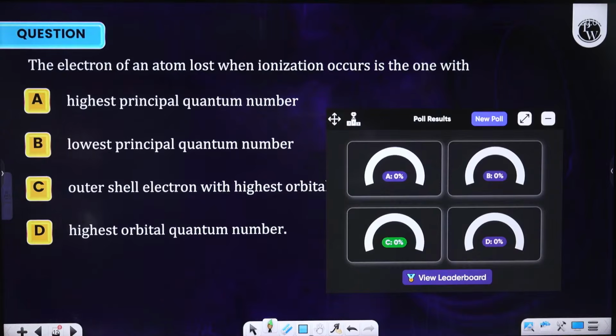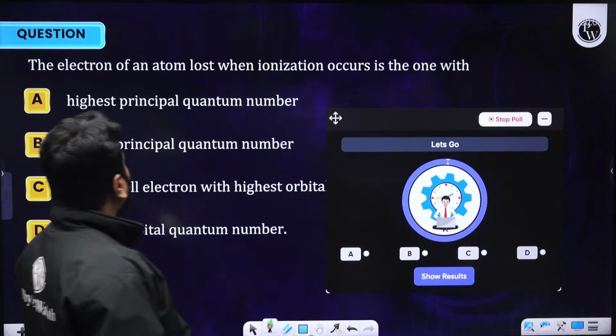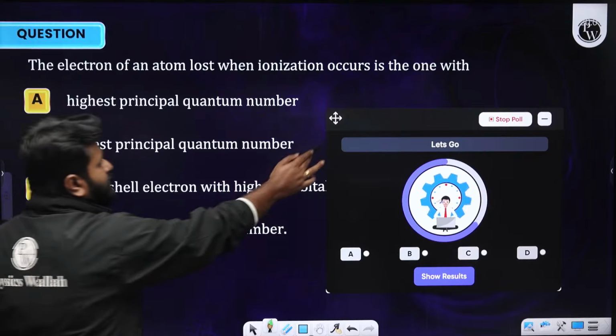Next question. The electron of an atom lost when ionization occurs is the one with, which electron of an atom will be lost when ionization occurs?